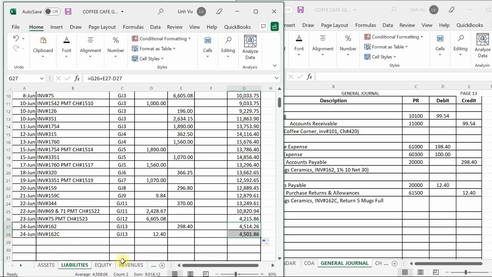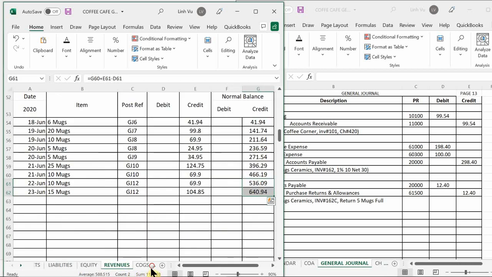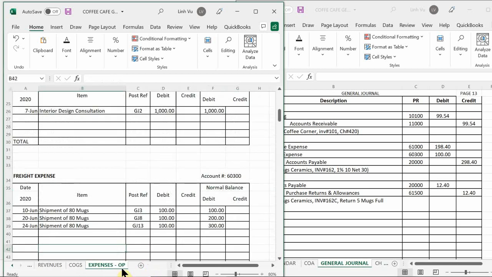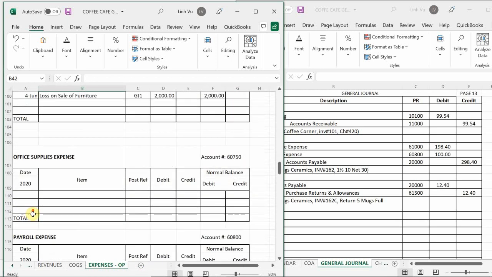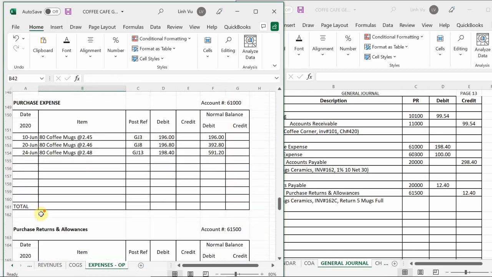And of course, we need to go to our purchase returns and allowances account, right? To fix or to undo the purchase expense that we did here.